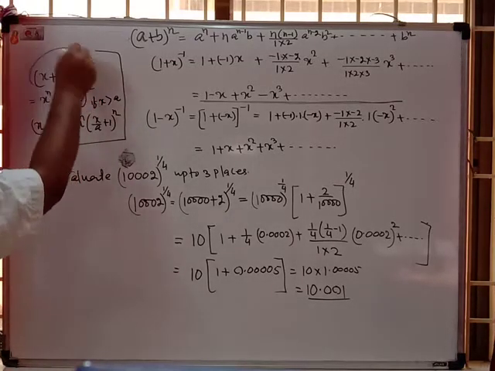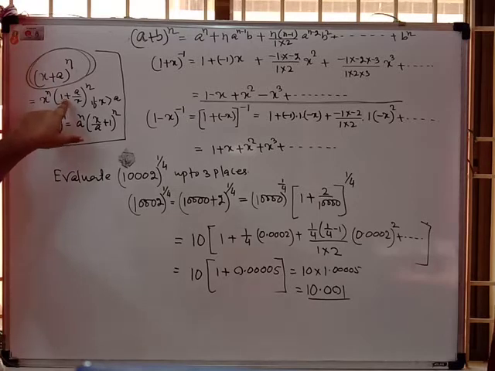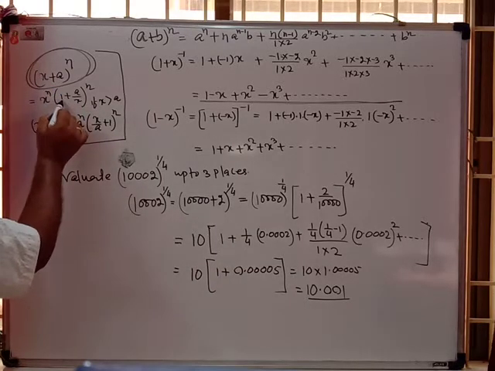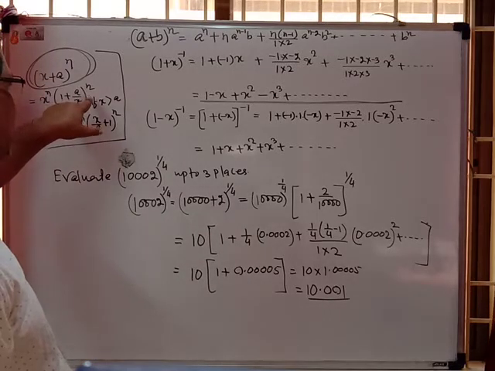If x is taken common, then x to the power n comes out of the bracket, and inside you find 1 plus a by x. I think you understand that I am dividing by x, so x upon x is 1, plus a by x, whole to the power n.